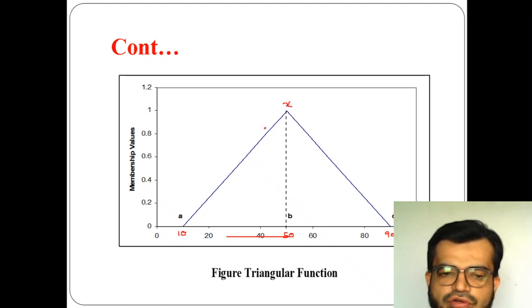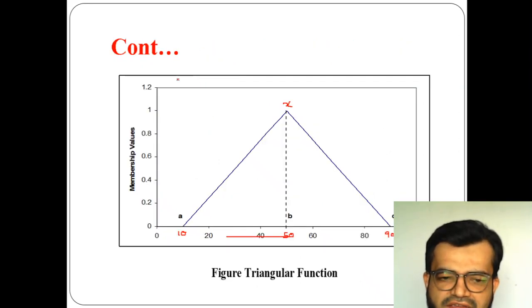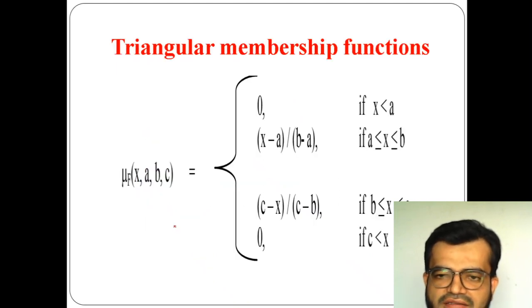Initially, if x is less than a, the value is 0, so you are taking this part, 0 to 10. This is the first value.